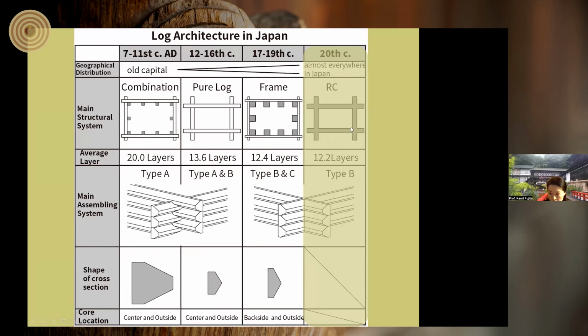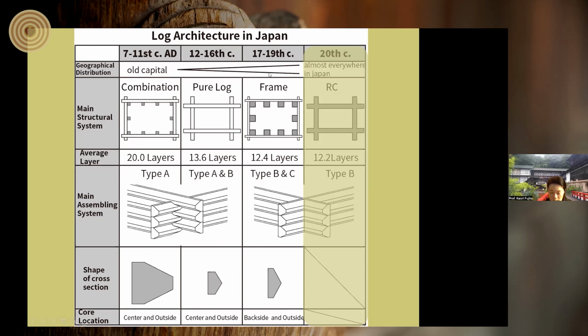So from our point of view, our conclusion was that we cannot say decisively, but in the older buildings, actually the log system is not purely a log system, but a combination. Many of the buildings had log walls with post and beam construction, and the load-bearing system was not so clearly understandable. And in the 12th century to 16th century, only the log system was seen.